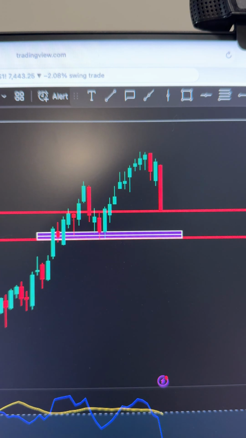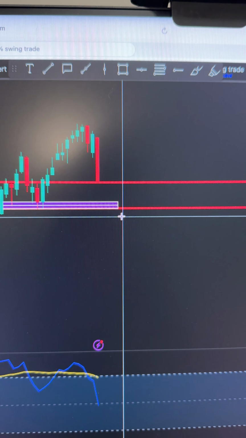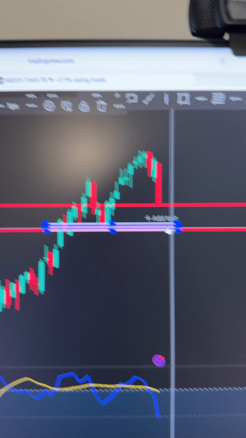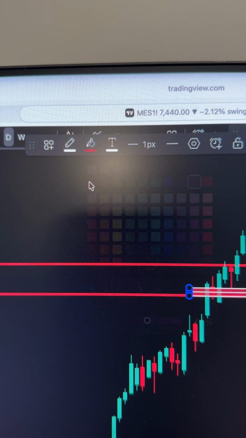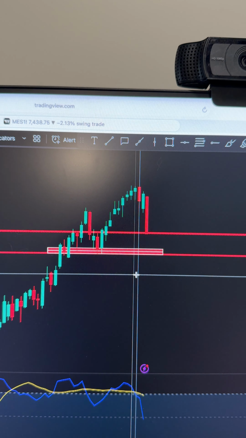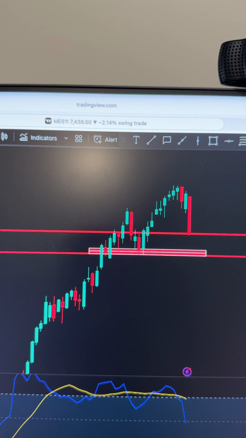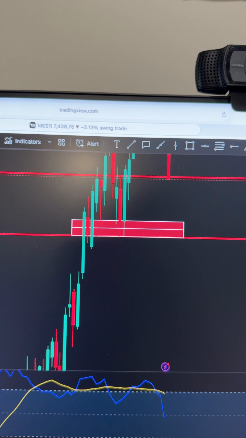Let's turn that yellow. Let me make this red just so it can match. So this is the area that you're looking for, that price could bounce off of.